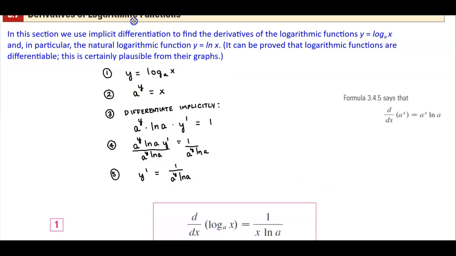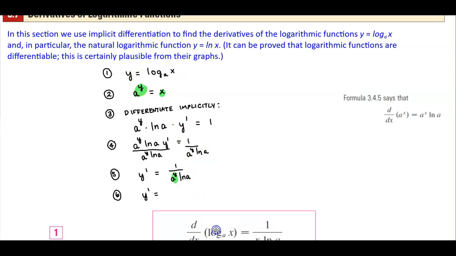Now let's go back to what a to the y equals in our problem. We can see here that a to the y is equal to x, so we replace a to the y with x. Therefore, y prime is equal to 1 over x times the natural log of a.